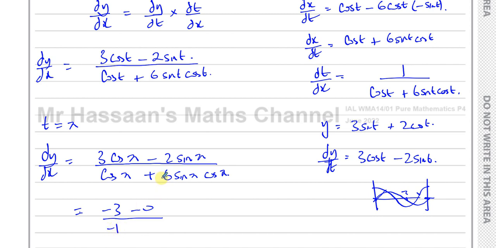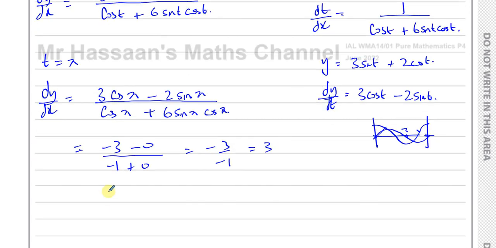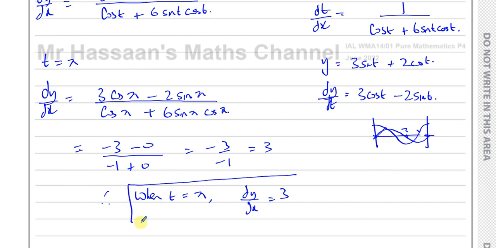And you're going to have plus 6 times 0 times minus 1, that's going to be 0. So you end up with minus 3 over minus 1, which is 3, very clearly. Okay, so therefore we can say when t equals pi, dy dx is equal to 3. So we've shown that very clearly here, and that's part A.